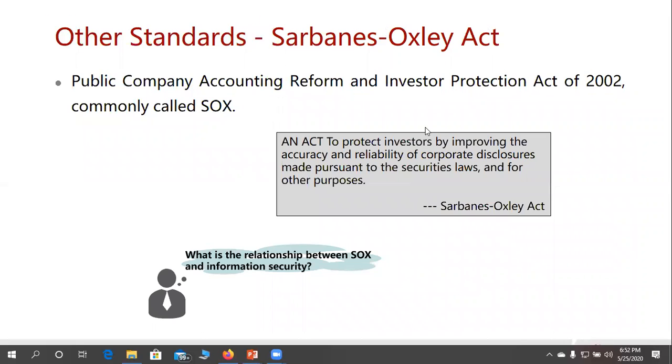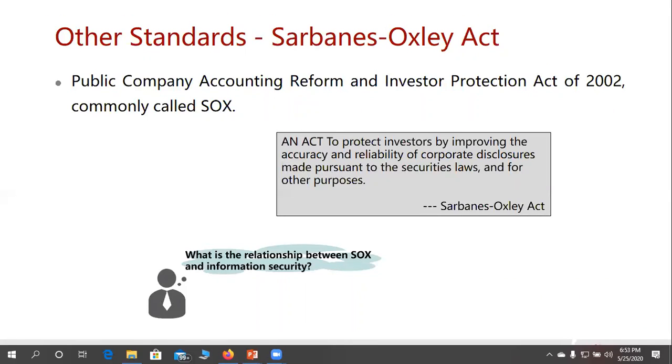Other standards in the US: they have what we call the Sarbanes-Oxley Act. It's called SOX. Now, this act is very, very important. The US came up with this act to protect investors. A long time ago, companies couldn't disclose their true financial standing to the people.